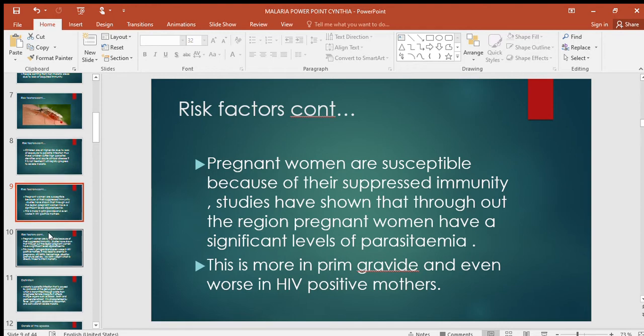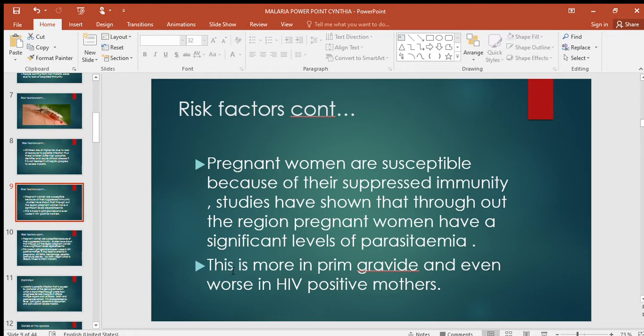So when it comes to primigravida, these are women who are pregnant for the first time. Those who are pregnant for the first time are also at risk of having malaria because their immune system is suppressed.